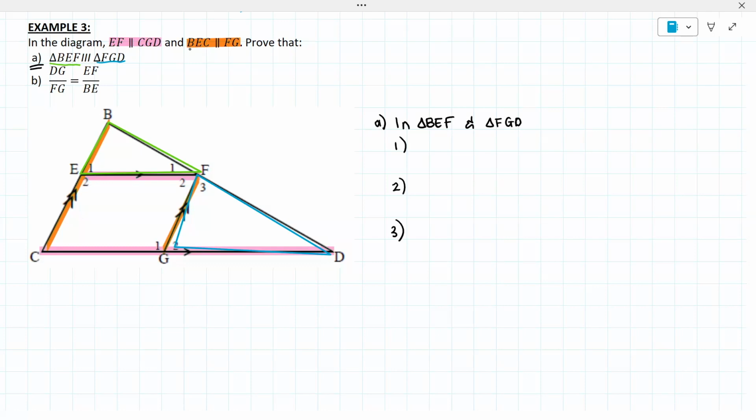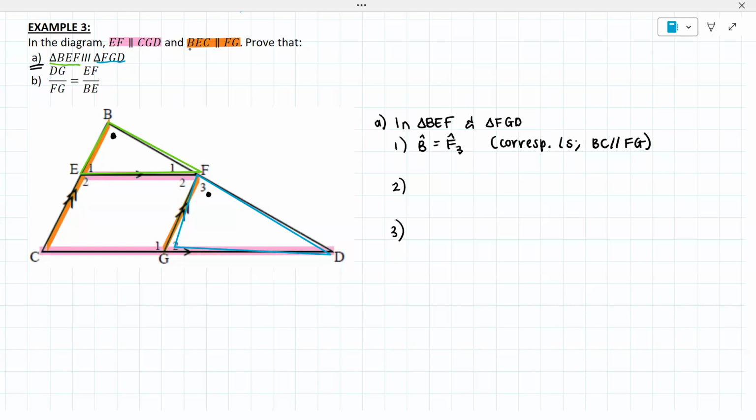So based on the orange parallel lines, I can see that angle B is a corresponding angle with angle F. So it's that F shape that we learn about in like grade 8 and grade 9. So angle B is equal to F3, corresponding angles. And just remember, anytime we use corresponding, co-interior or alternate angles, you have to state the parallel line. So in this case, BC parallel to FG. That's my first angle pair that I've got.